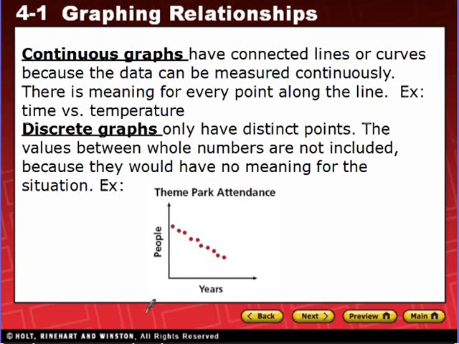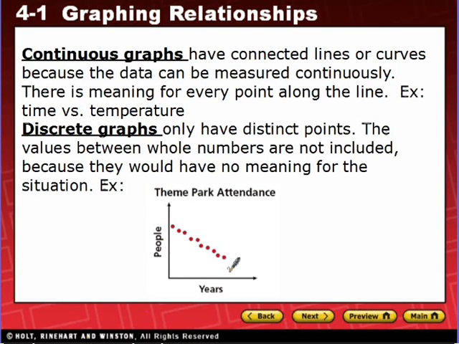Discrete graphs only have distinct points on them, and the values between, usually whole numbers, are not included because they don't make sense. Right? So here's a good example. We've got theme park attendance, years versus people. We can't count people in fractional amounts per year.